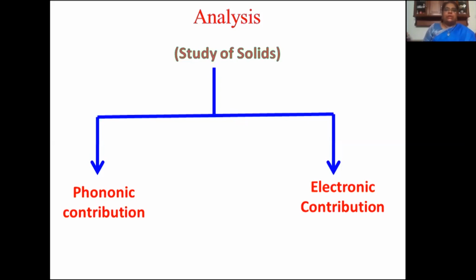Another one, electrons are there. If they are free electrons, these free electrons will have an easy way through the entire solid. Now I'm saying they are free and they have random motion. They have freedom to move around anywhere in the solid.